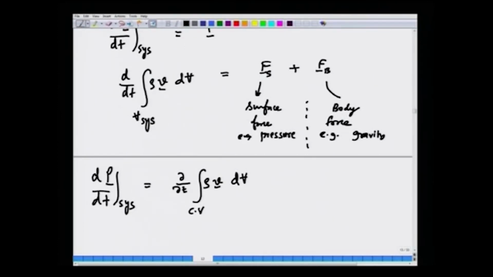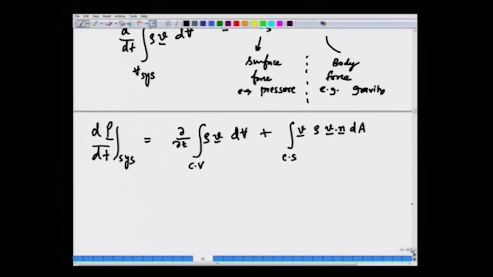The control volume is not changing with time, plus the flux of momentum in and out of the control volume through the control surfaces, rho V dot n dA. This is the time rate of change of momentum of the system written in terms of the control volume variables, which is what is most convenient when we try to do problems using integral momentum balance.